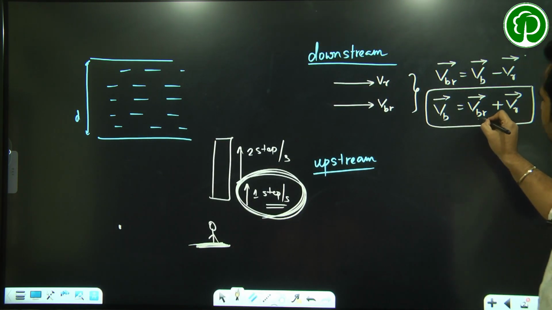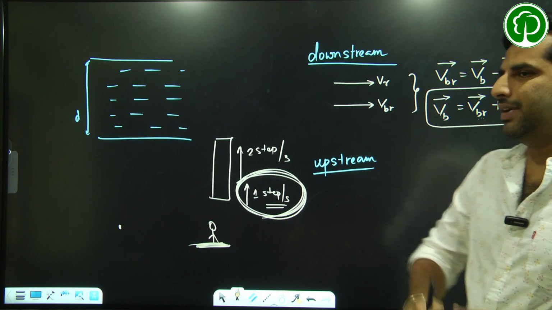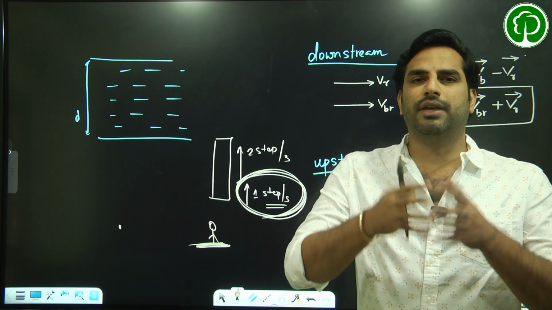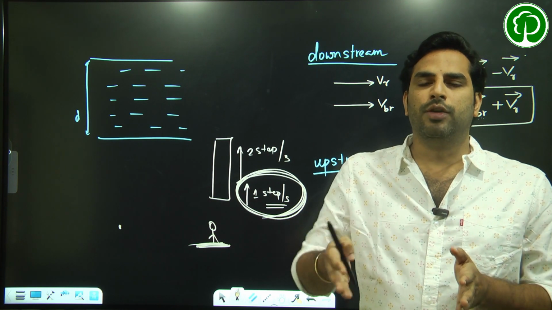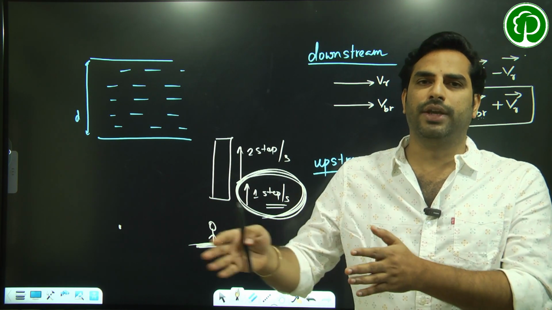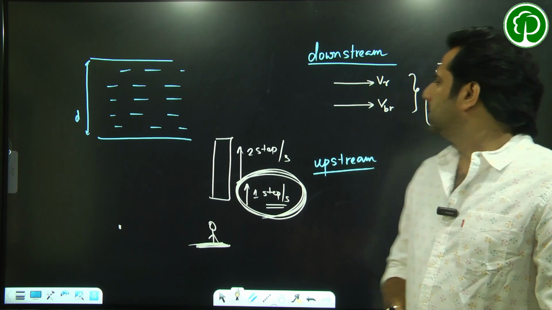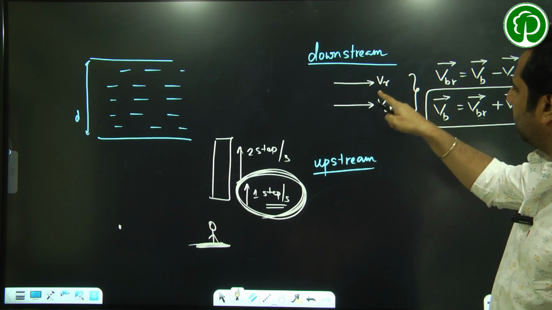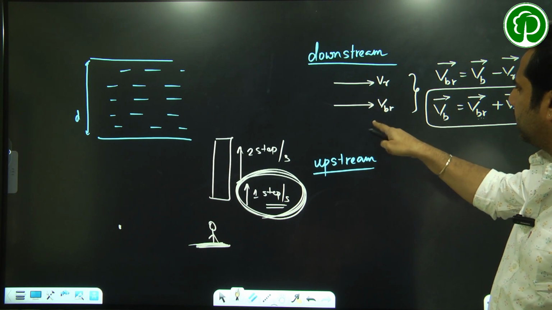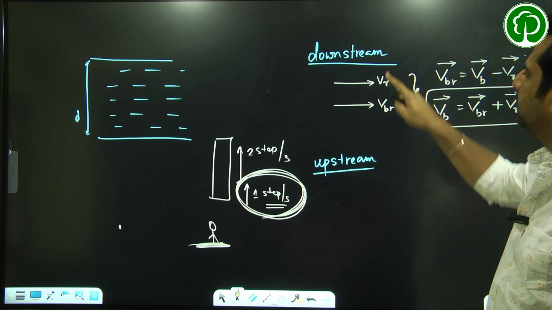Similarly, velocity of the boat with respect to river, say if it is 5 km per hour, it is the capacity of the boat to move inside the river no matter the river is still or flowing. So if the river is flowing towards right and velocity of the boat with respect to river is also right, we call it as downstream.